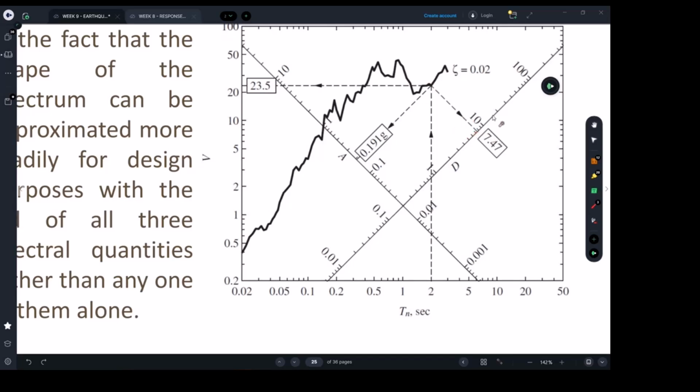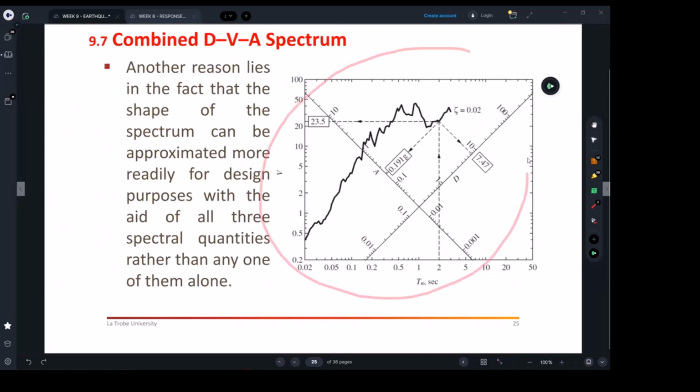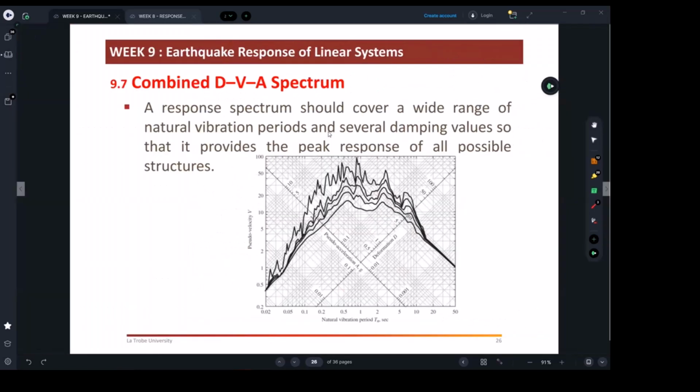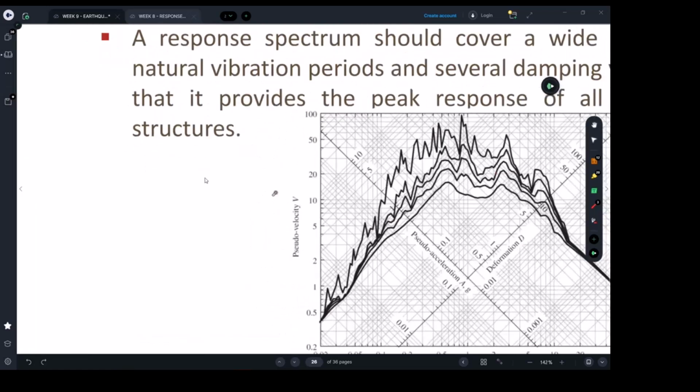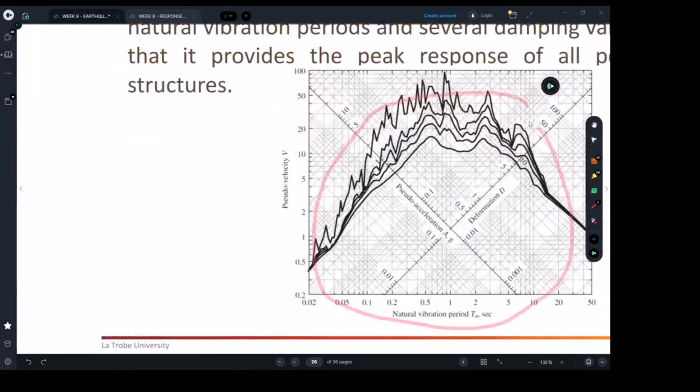It will give you the 7.47 millimeters, and the units here are in G. Same thing from this point, you go perpendicular to the axis we are interested in, which is acceleration here, and that will give you about 0.191 G.